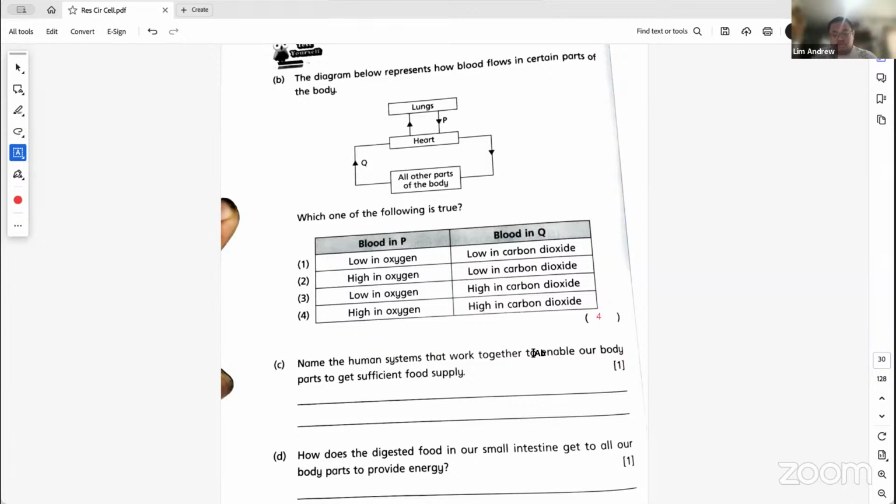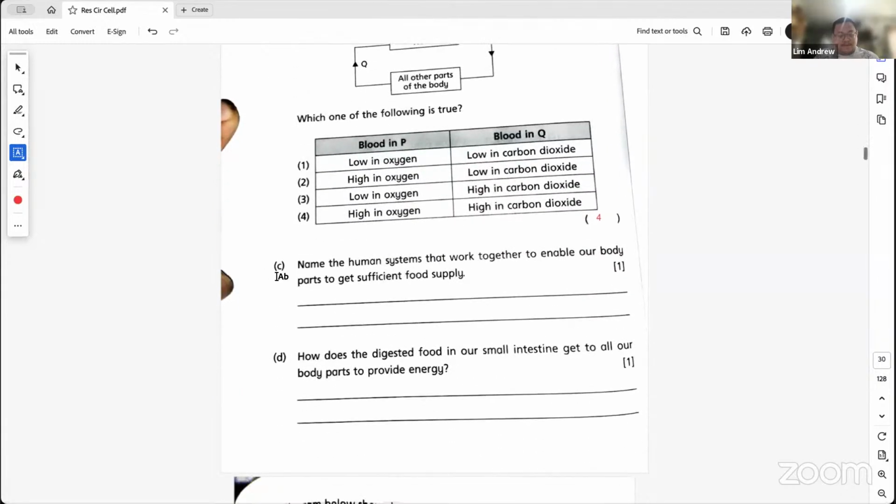Okay, the two systems that enable our body to have enough food are actually the digestive system, D-I-G-E-S-T-I-V-E, and circulatory system, C-I-R-C-U-L-A-T-O-R-Y.